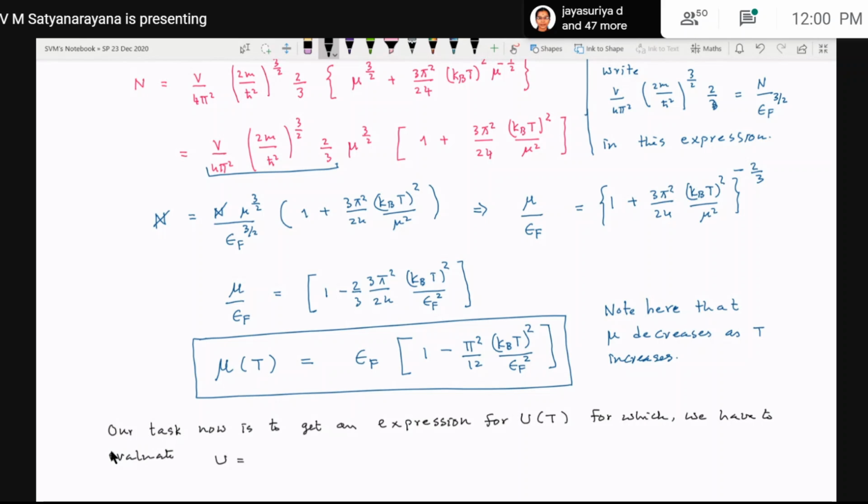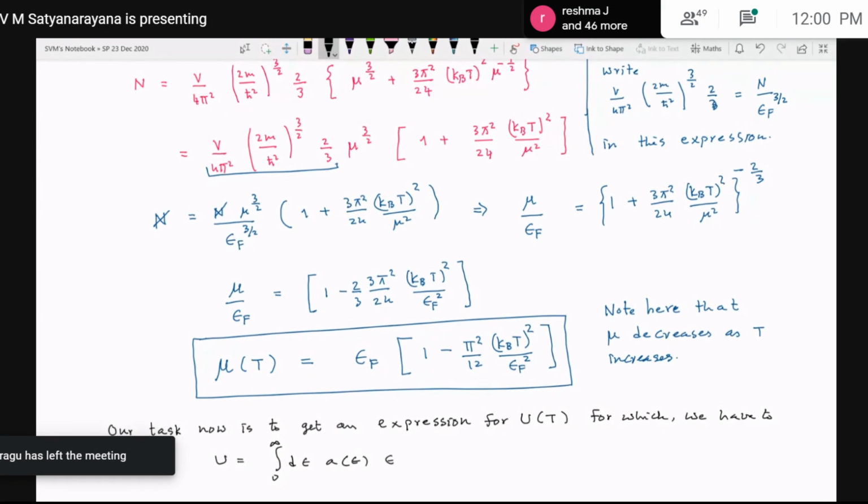u is equal to the integral 0 to infinity d epsilon a of epsilon into p of epsilon.